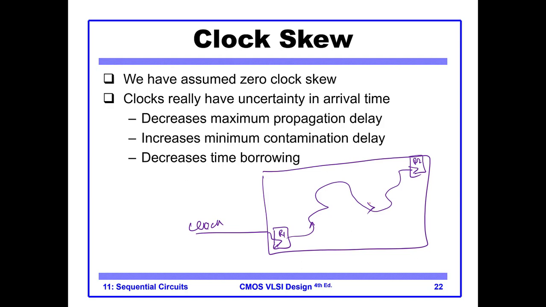So even the slightest delay between R1 and R2, if they do not receive the clock simultaneously, by let's say tens of picoseconds, this can result in the information being processed wrongly.